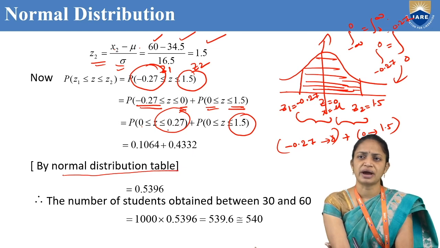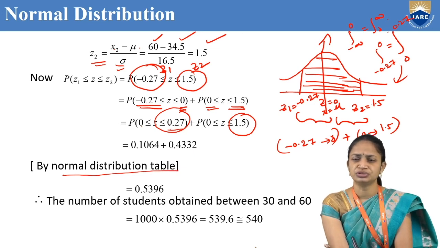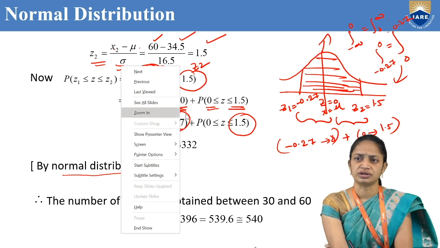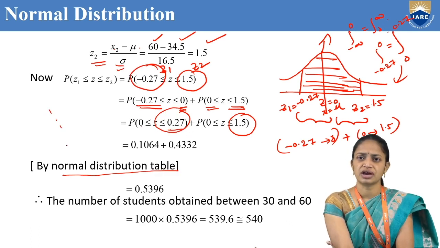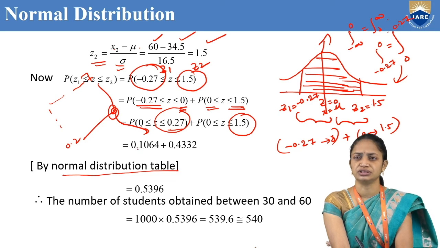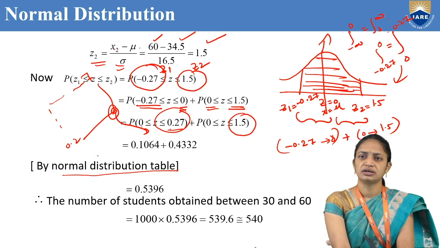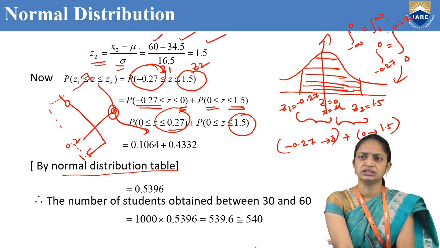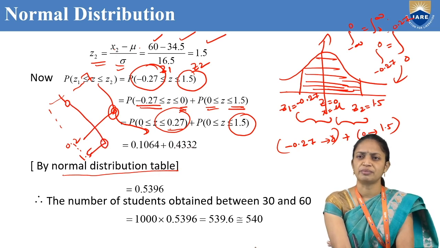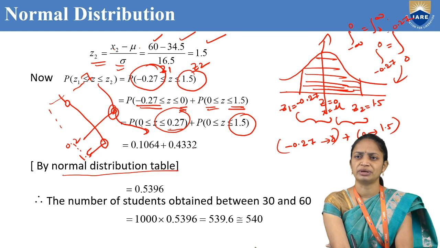For 0.27, here we have 0.2 and here we have 7, so we take this value, 0.1064. For 1.5, here we have 1.5 and we take 0, so that value is 0.4332.